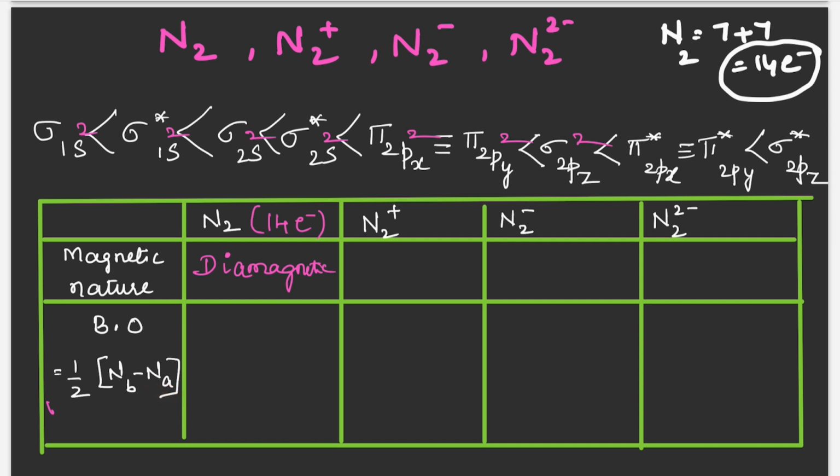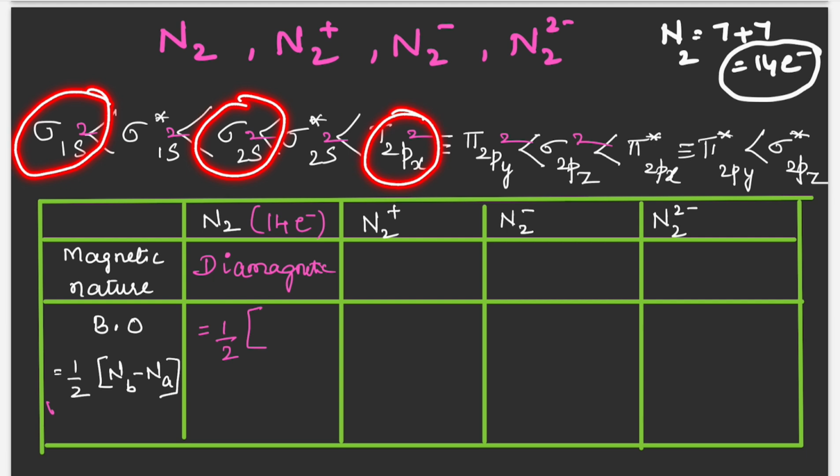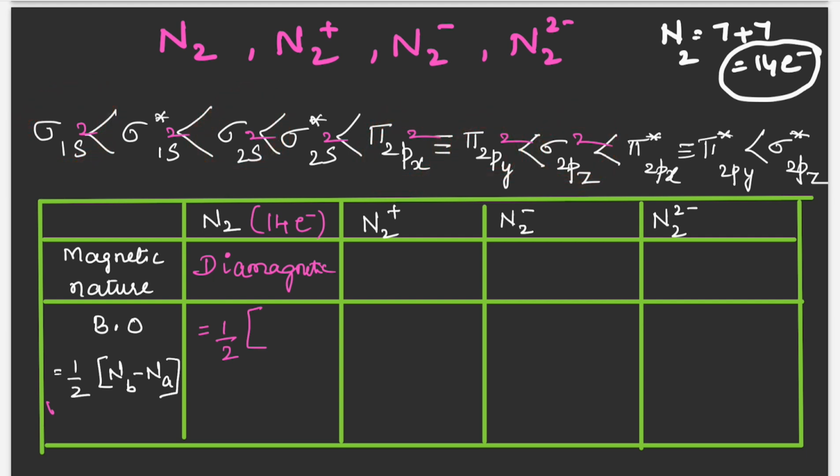Now let us calculate the bond order for N2. Bond order will be equal to half. How many electrons are present in the bonding molecular orbital? Let us see. Here you can see 2, 4, 6, 8, and then 10. So totally there are 10 electrons in the bonding molecular orbital.